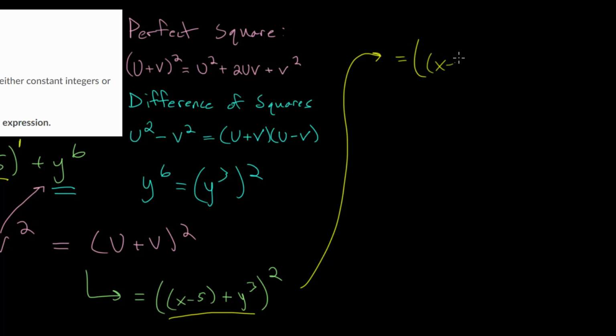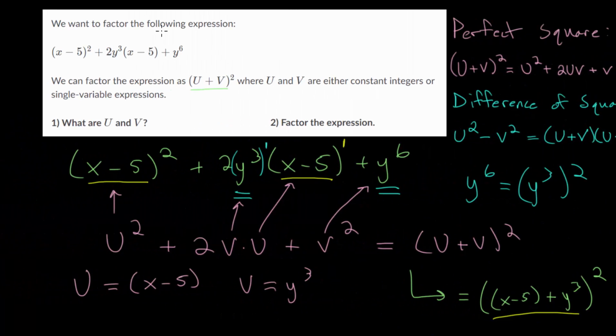So we have x minus 5 plus y to the third, and we multiply that by x minus 5 plus y to the third. And I'm going to leave this x minus 5 grouped together so that it's easier to see that this is equal to what we started with here.